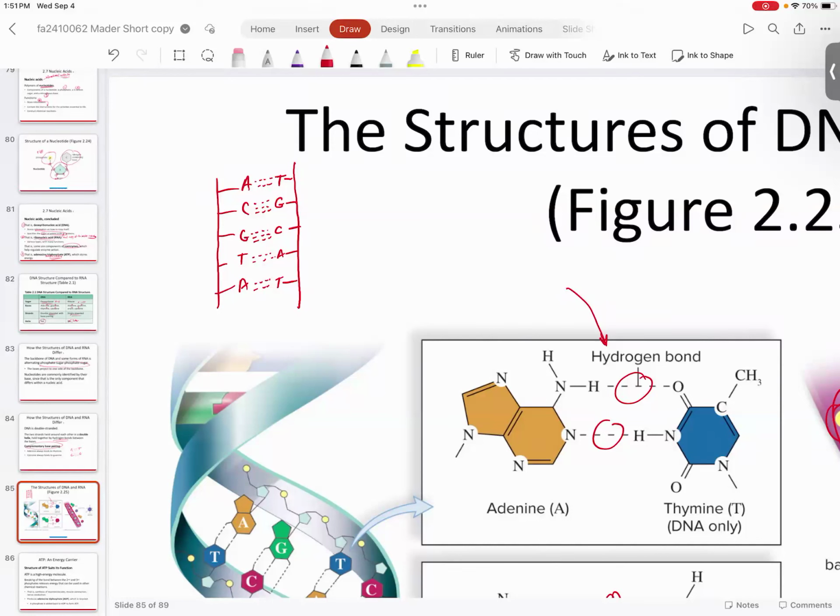All we have to do is give it a bit of a twist. And when we do that, we create our DNA molecule or double helix. So it's like a twisted rope ladder. And that's a DNA molecule. So you can see your double helix here with your AT base pair, your CG base pair, and so forth.